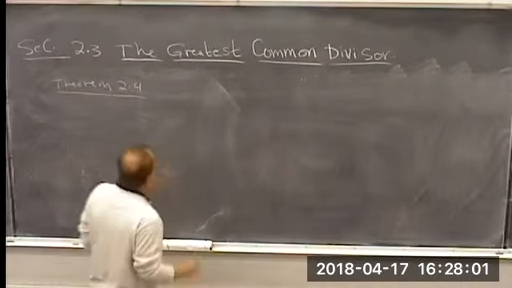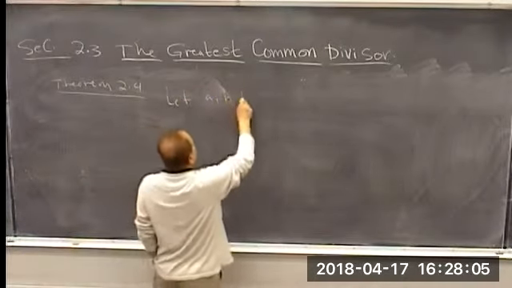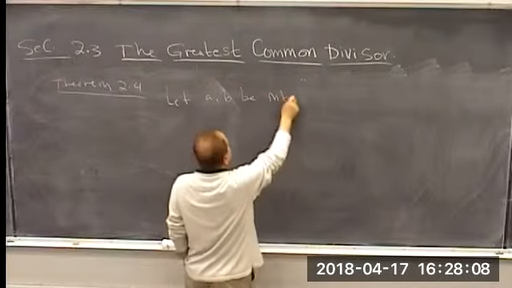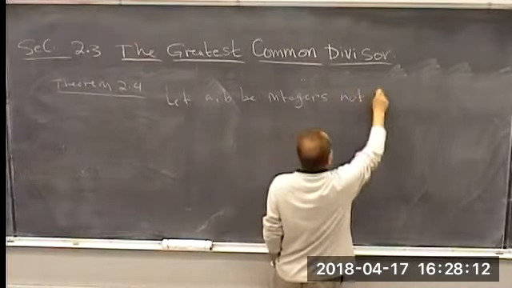And it says that, again, A, B are integers, not both 0.